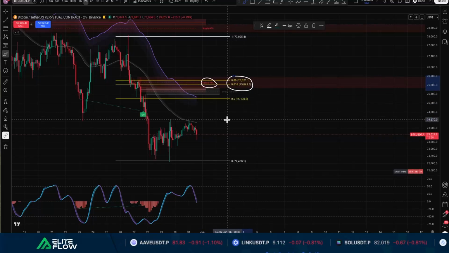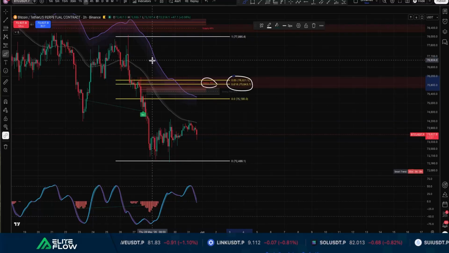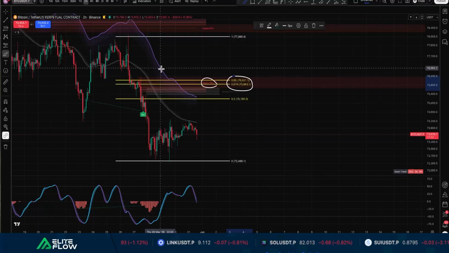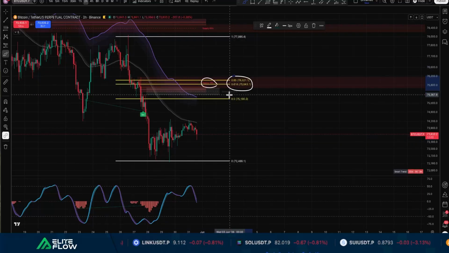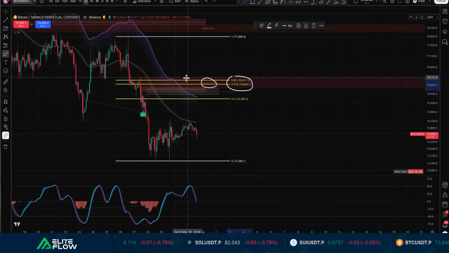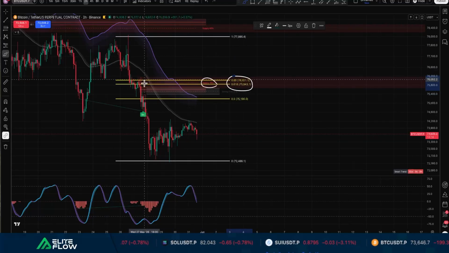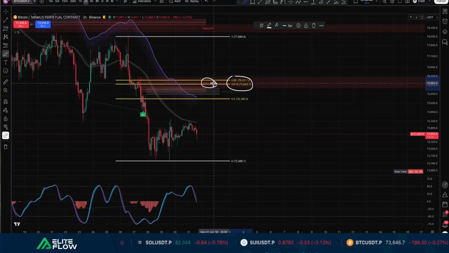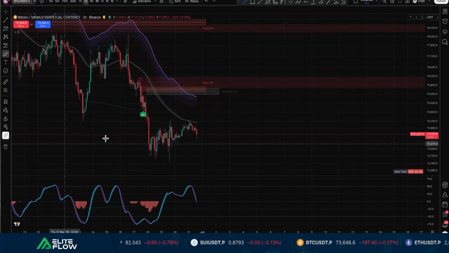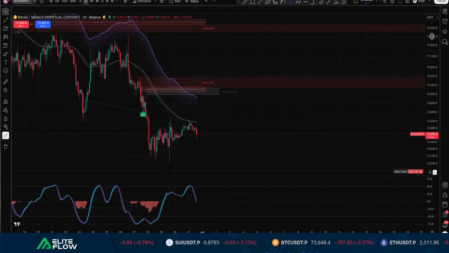So just to summarize for you, okay, 4-hourly smart trend, 8-hourly exponential moving average, 4-hour fair value gap, 2-hour fair value gap, golden pocket of this whole impulsive phase down, and order block. If that's not a high probability trade, I do not know what is.